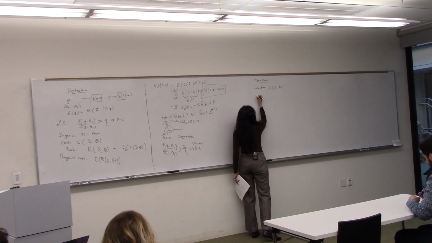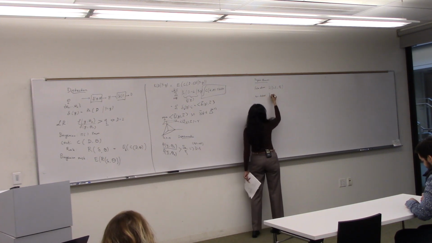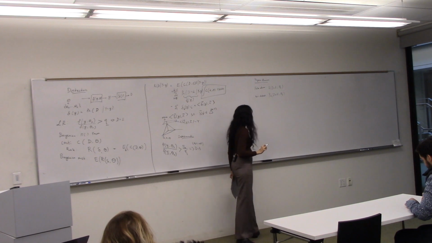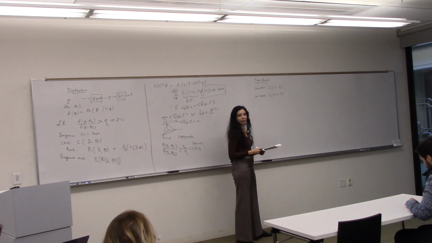The other is misdetection, where you switch the two. Here you do not end up detecting the alternate hypothesis or the problematic event.